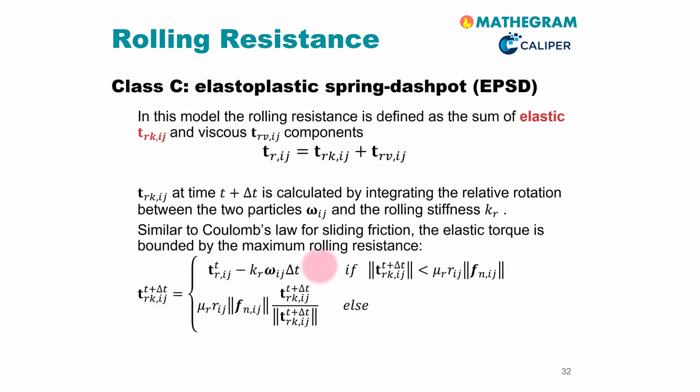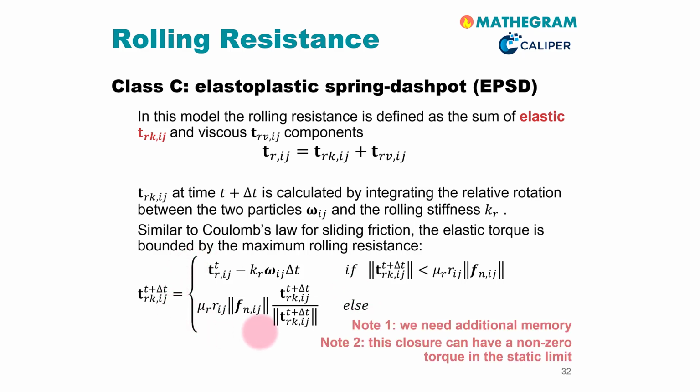So here again, this is simply the integration, the summation of this rolling distance essentially. So we increase the rolling resistance torque by this increment here, and we finally bound it by the maximum value similar to what we do for the Coulomb friction.